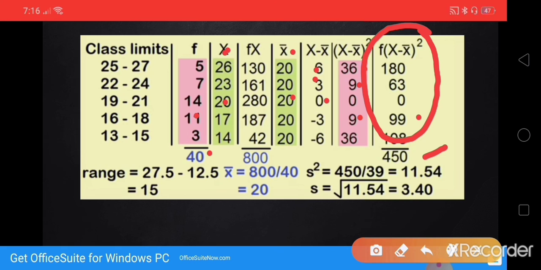And the standard deviation is the square root of 11.54, and it equals 3.4. That's the process on how to solve grouped data on measures of dispersion.